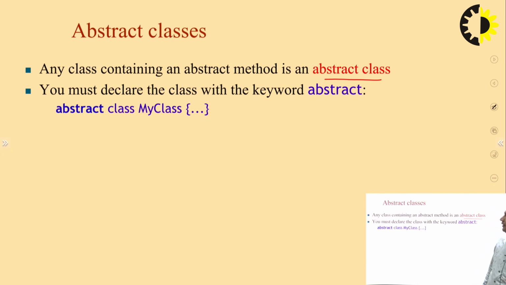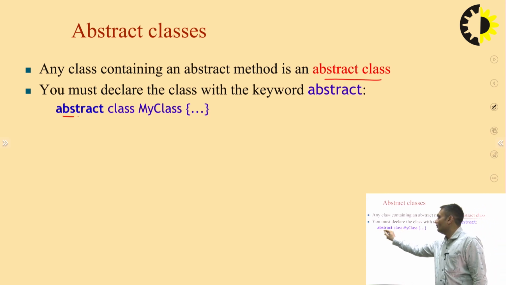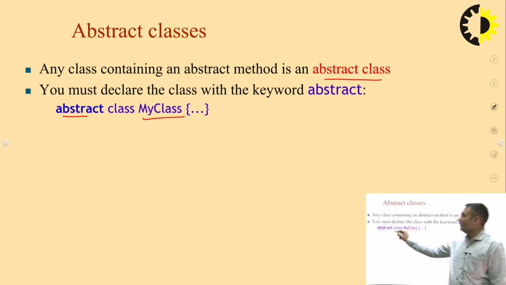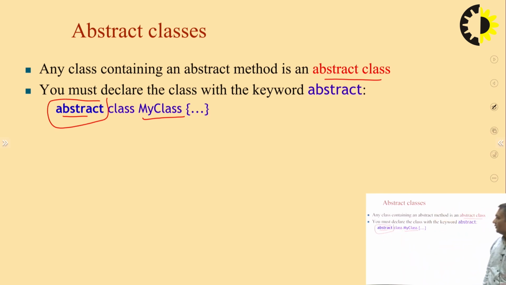This is the syntax of an abstract class declaration. Here my class is the name of the class, and I'm using the keyword abstract just before it, and then we will use the declaration part.